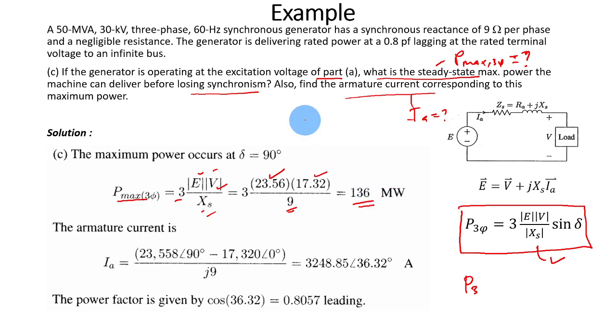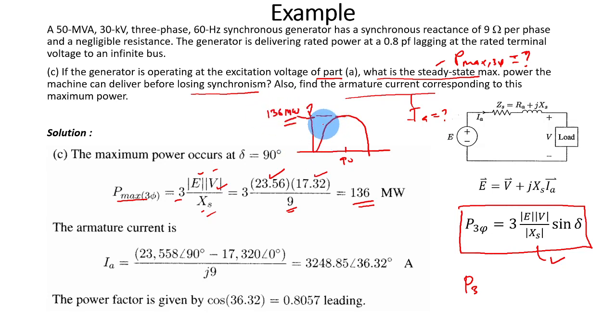So basically, as you can see here, if you plot again the power angle characteristic curve at 90 degrees, then this generator can safely operate below 136 megawatt. It cannot operate more than 136.